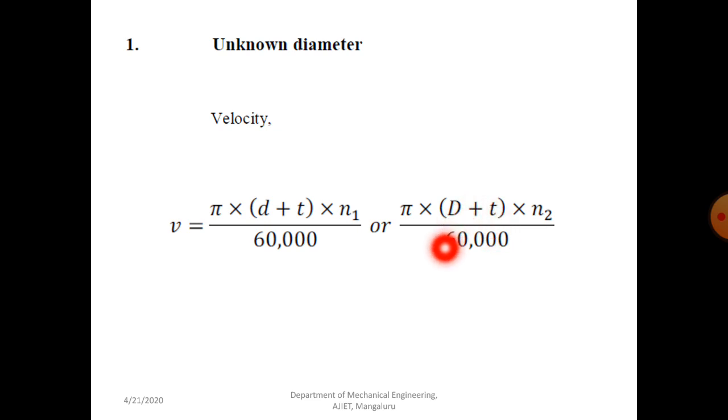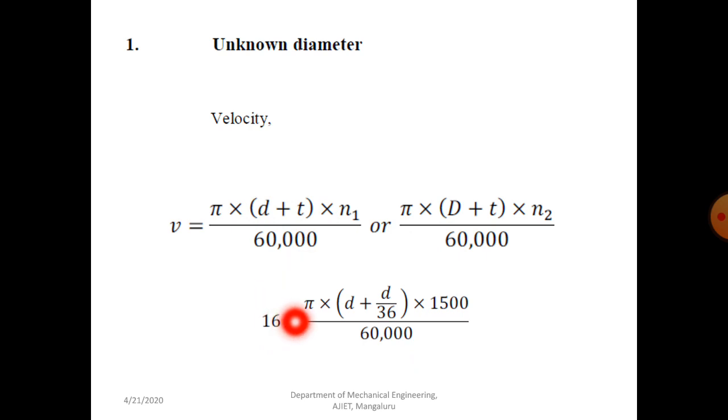To avoid that, you can use this expression, V equal to pi into (d plus t) into N1 divided by 60,000, because d we can calculate, but t you have to write in terms of d, only then can you calculate the value of d. How to substitute the t value, that also I will say. t can be written as d by 36, because the ratio is given, d by t is 36. Similarly d by 36 equals t.